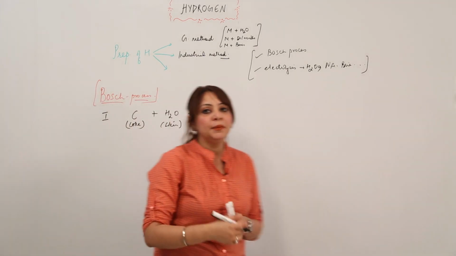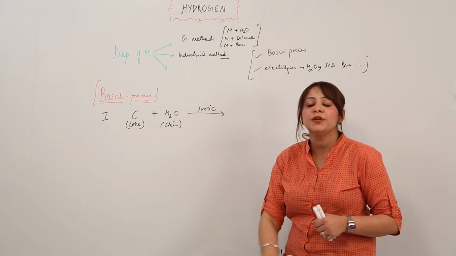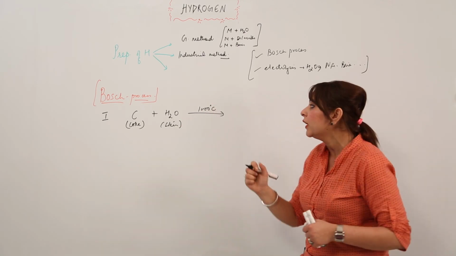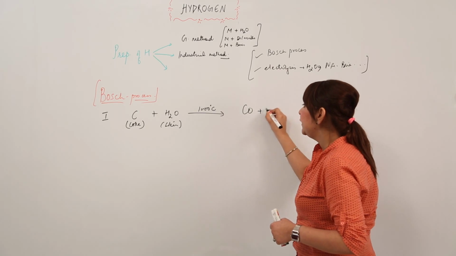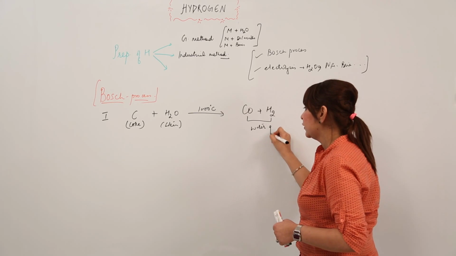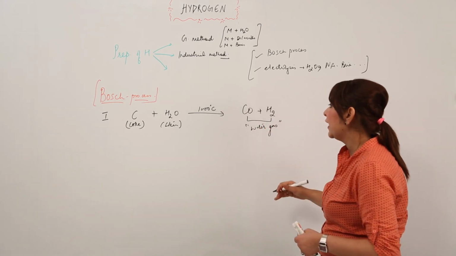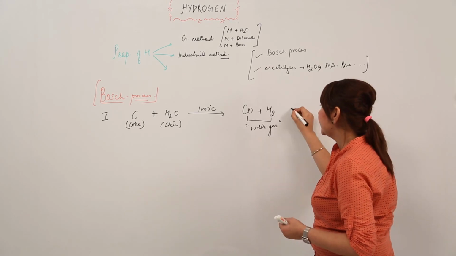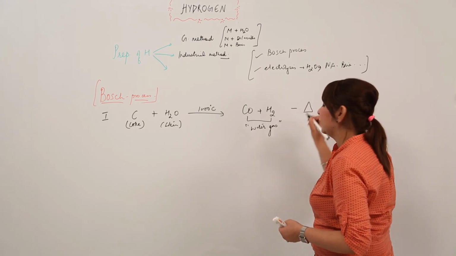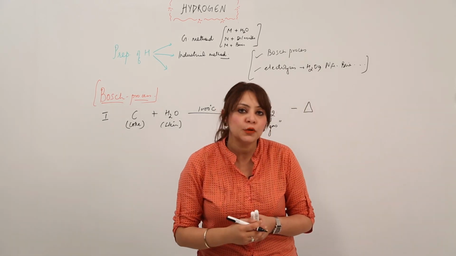When steam is passed through the powder form of coal, the coke, it leads to the formation of CO plus H2. What is it? It is water gas. This reaction leads to a decrease in energy as well, right? So this is the first reaction which is carried out in the Bosch process, right?